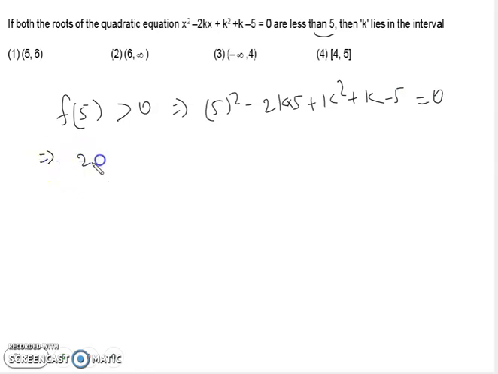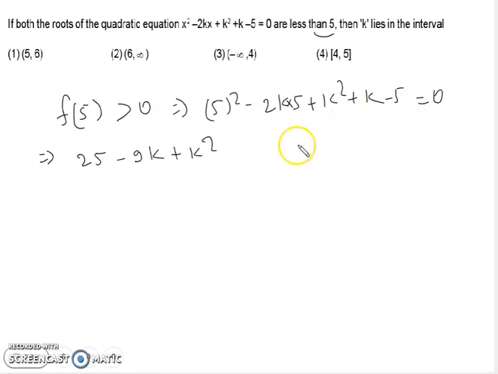Now we can write 5 square equal to 25, and 2 fives are 10k, plus k, so we can simply write minus 9k, and k square, and it will become minus 5.